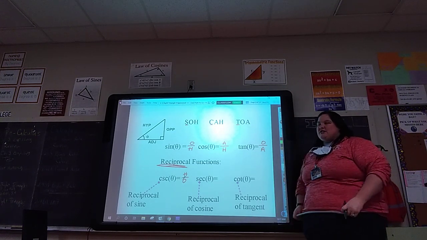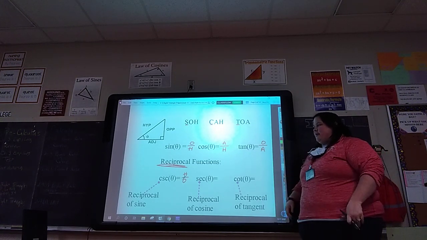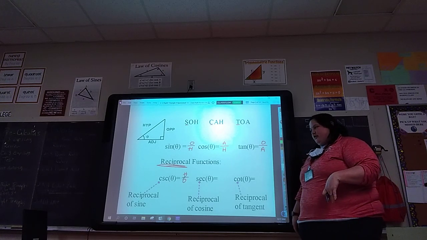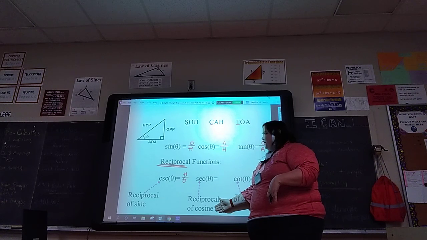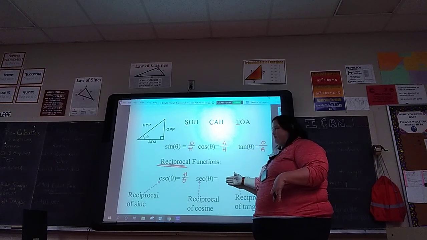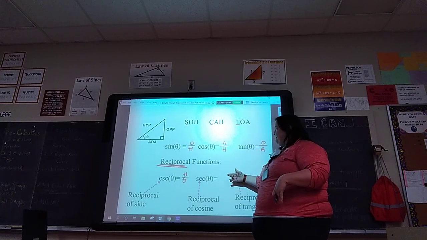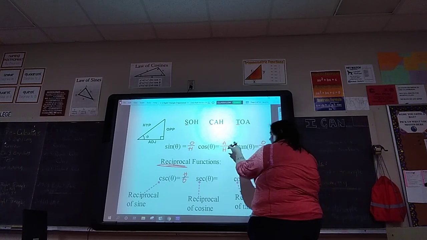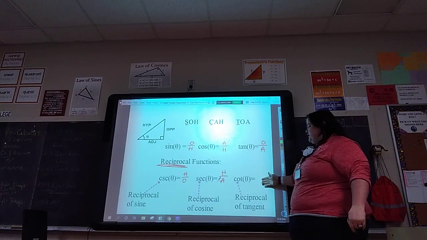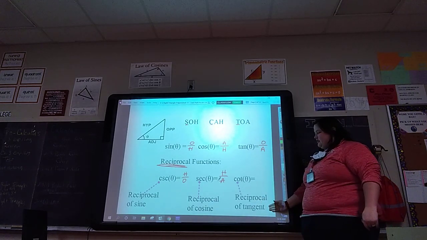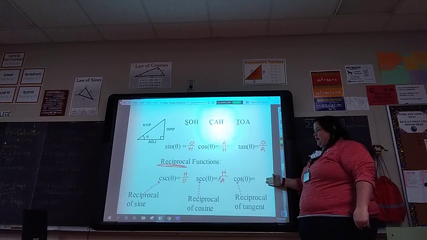So like I said, they're three new functions, but they're very much related to our original three. Okay, so secant being the reciprocal of cosine, what would its ratio be? Yep, h over a. So we're just going to flip cosine. And then cotangent being the reciprocal of tangent, what would our ratio be for cotangent?